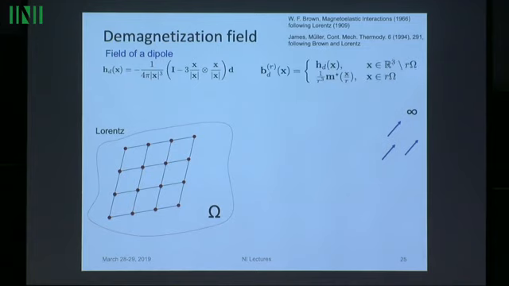And if we want to understand, there are two fields in magnetism. There's the B field, magnetic induction, and the H field, magnetic field.